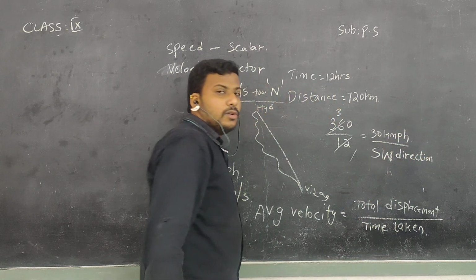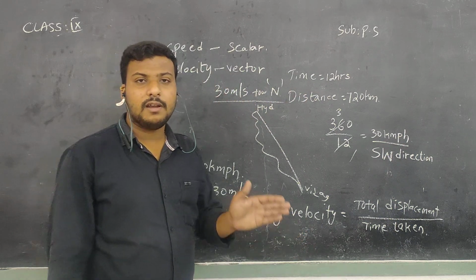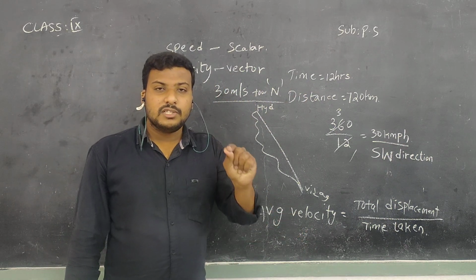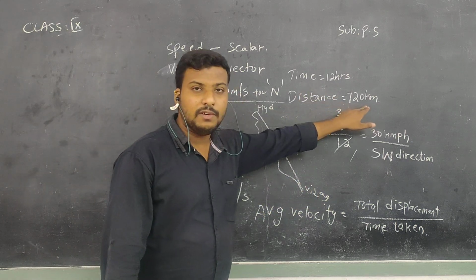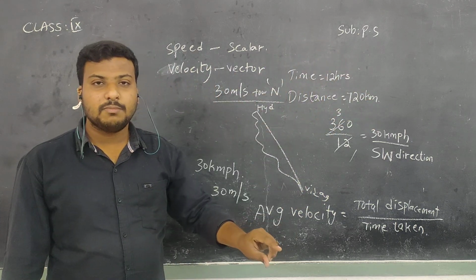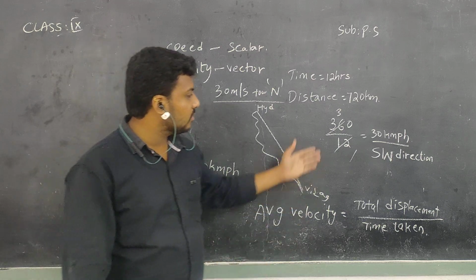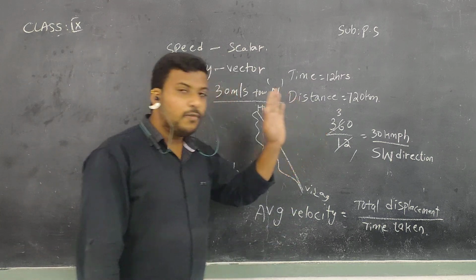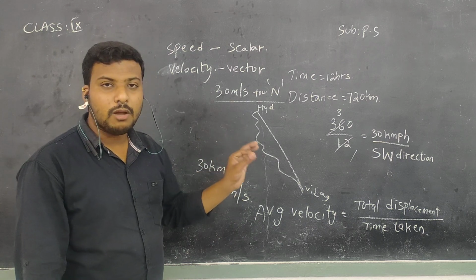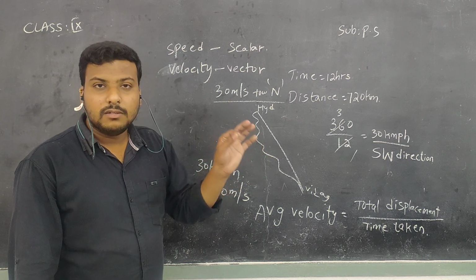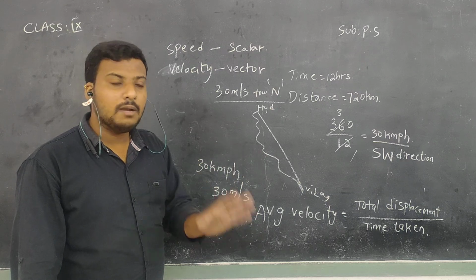Southwest direction. So children, listen and observe carefully. Distance means the actual path. So this is the actual length, 720. And what is displacement? The shortest possible distance, that is 360. So if you want to know the speed, you have to know the formula, that is total distance by total time taken.